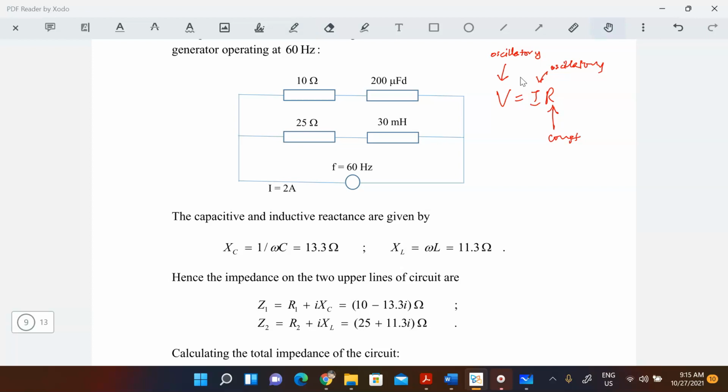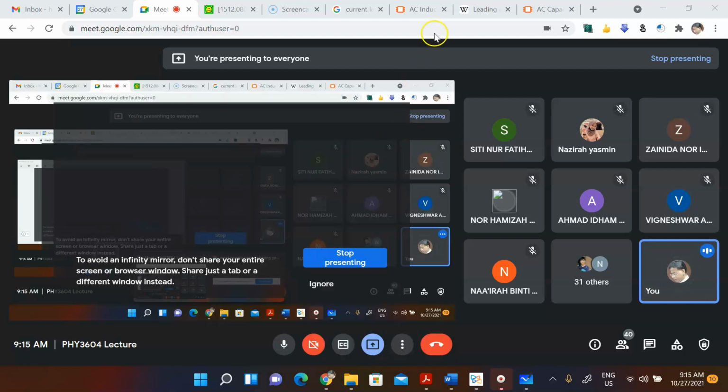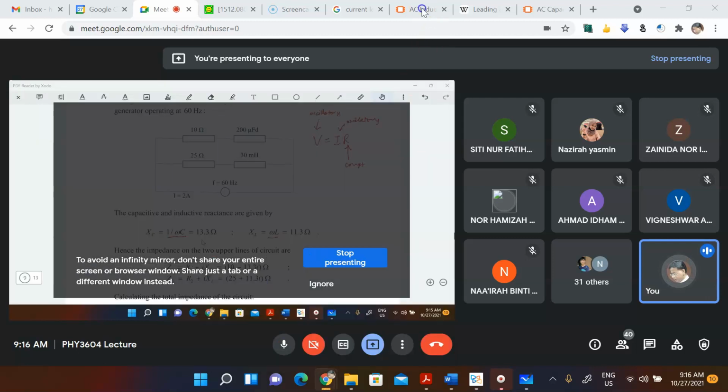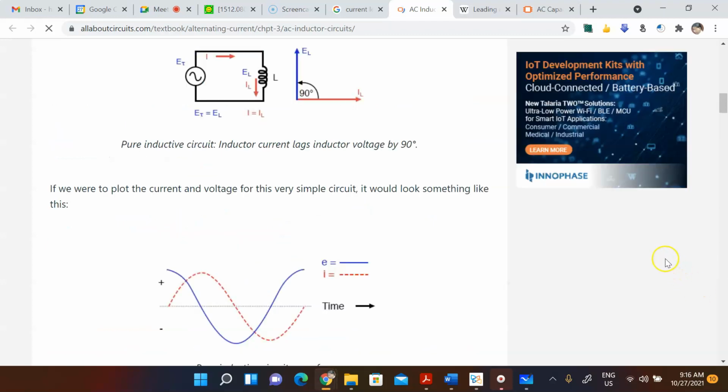But once you introduce things like capacitors and inductors, the reactance involves these kinds of formulas. Let me go to the web page because I normally forget this. I never memorize these facts. Are you seeing the web page?